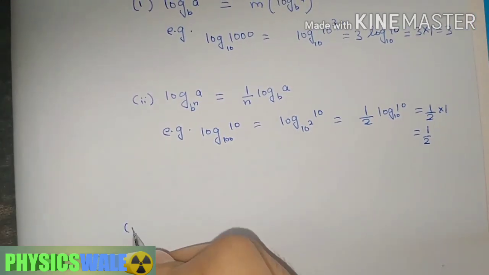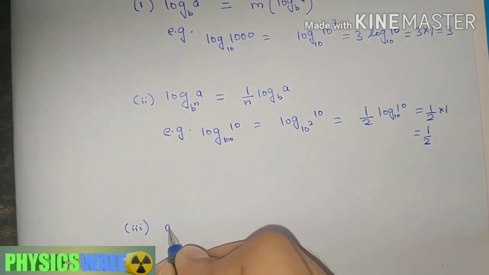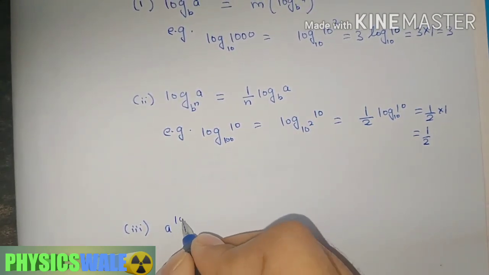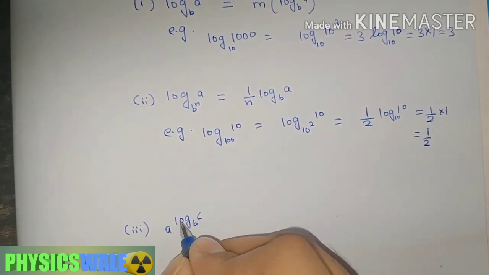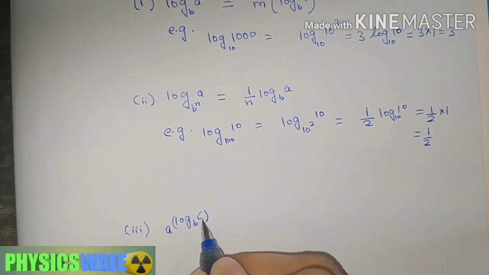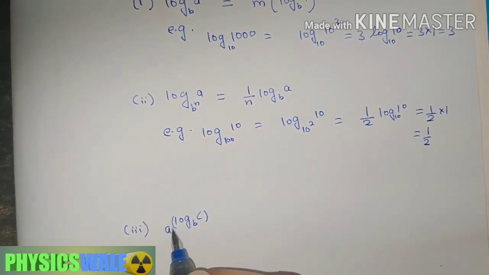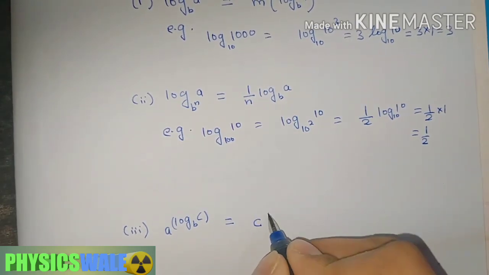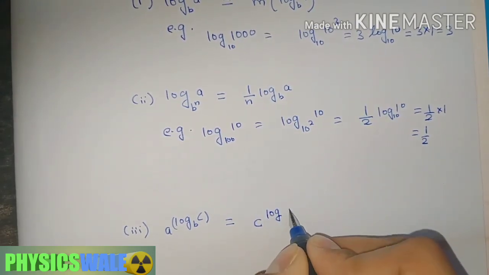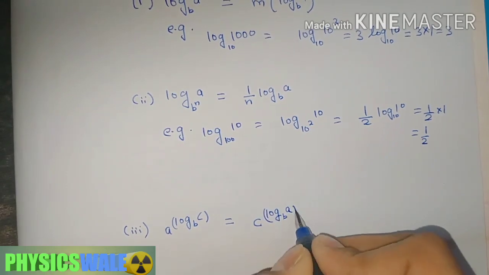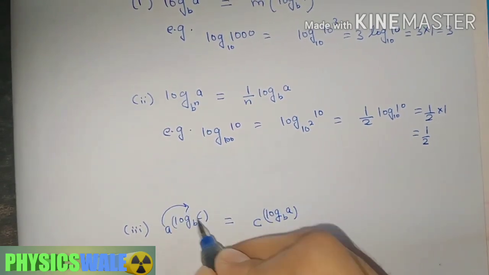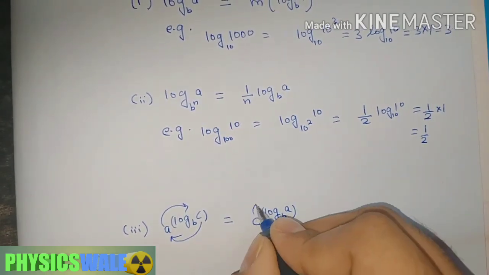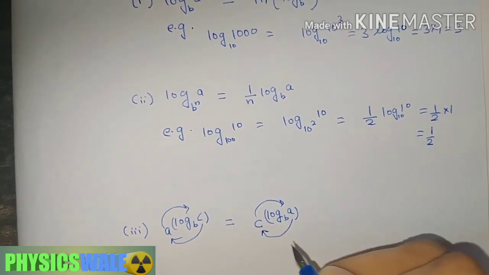The third property: a raised to the power log of c to the base b. This whole term, log of c to the base b, is in the power of a. So we can write it as c raised to the power log of a to the base b. So this a and c can be exchanged and the base will remain the same.